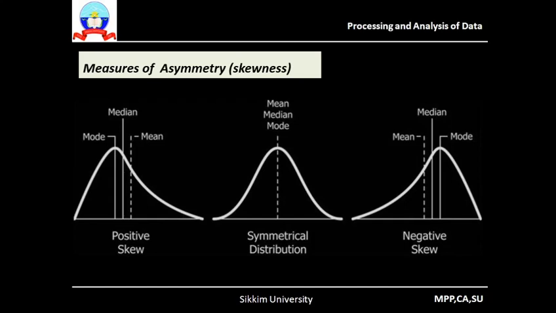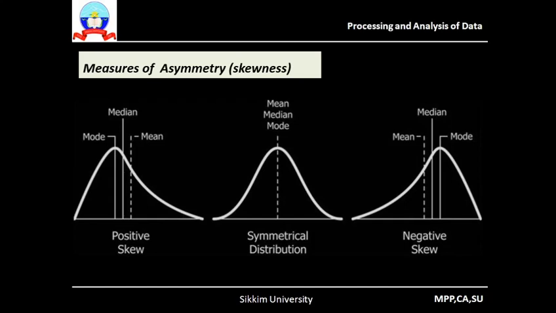Then we discussed the importance of measures of central tendency, and the various statistical averages like mean, median, and mode. We also discussed the applicability of each of these statistical averages.